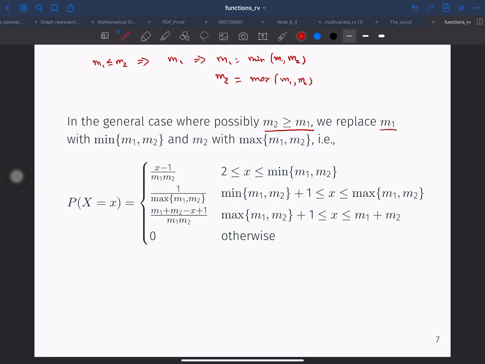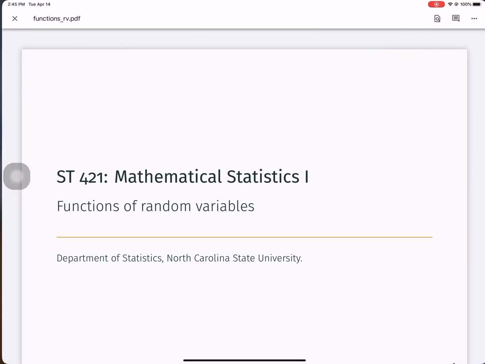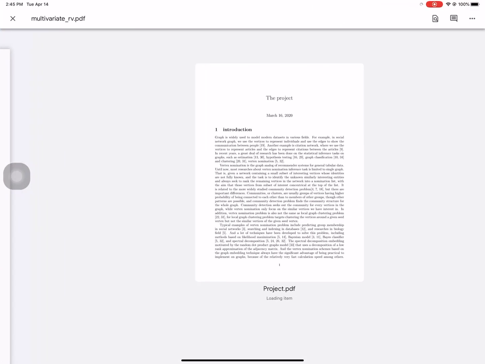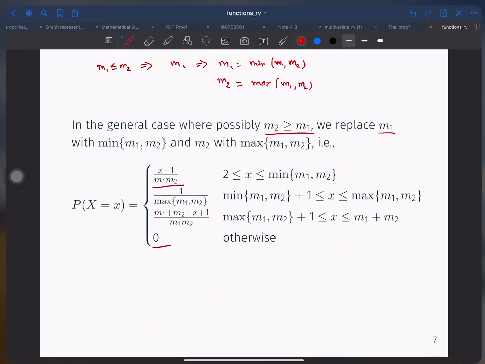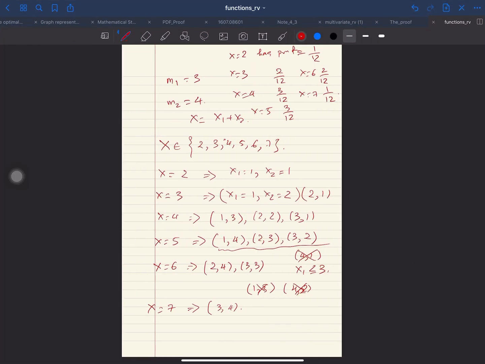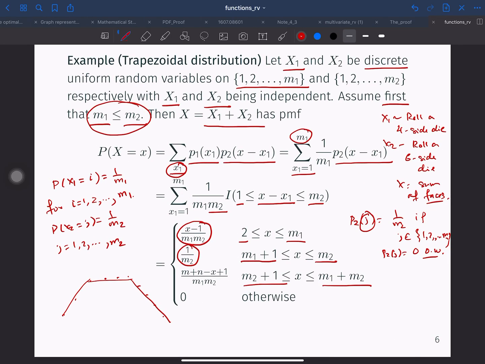In which case, the general form looks like this. So this is known in the literature as the trapezoidal distribution.